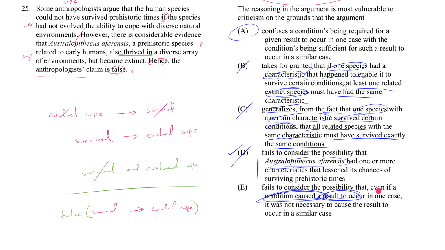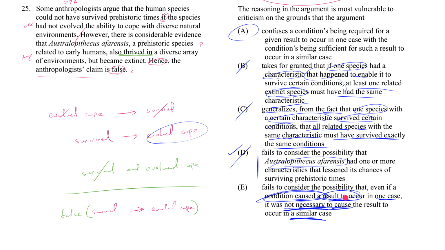We're saying that, look, just because you establish that, say, evolving the ability to cope with a natural diverse environment is the cause of survival in one case, in some similar case, that cause wasn't necessary, meaning just because Homo sapiens evolved the ability to cope and that caused them to survive doesn't mean that afarensis had to evolve the ability to cope in order to survive.